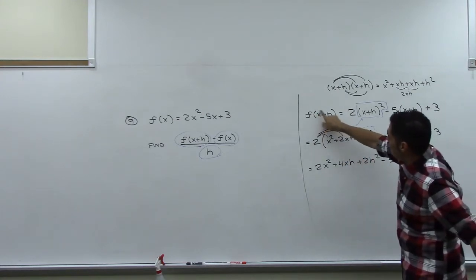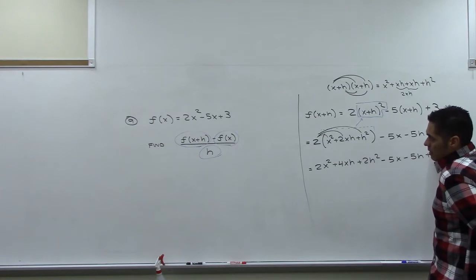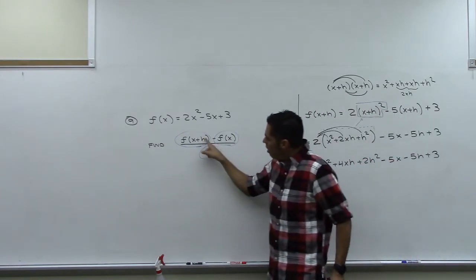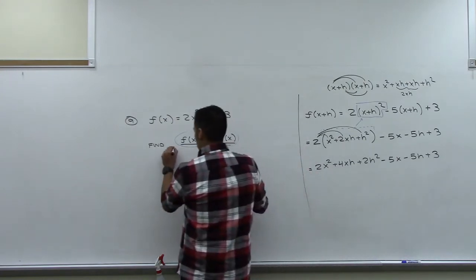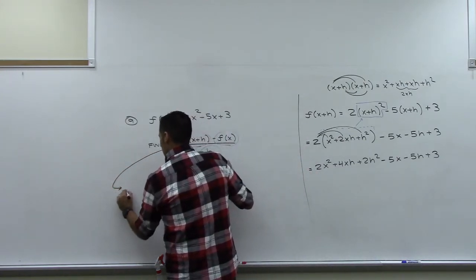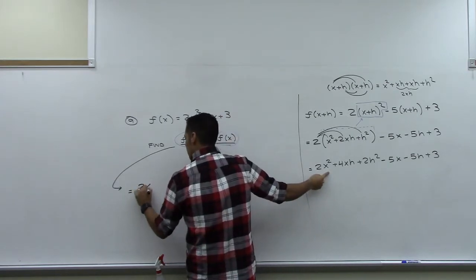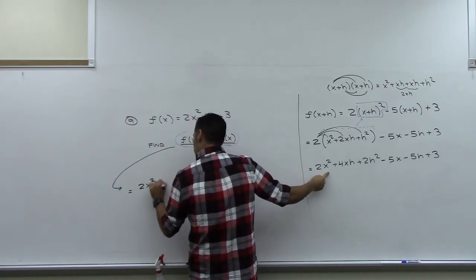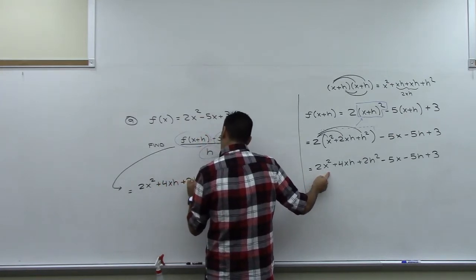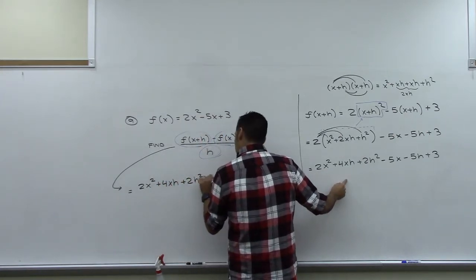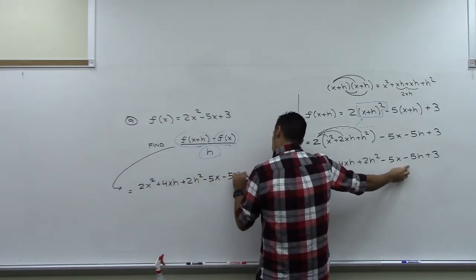This little guy right here that looks so innocent turns out to be this big, ugly, nasty thing. And that is just the top left corner of this expression. So I'm ready to write this down. This is equal to f of x plus h, which is this, 2x squared plus 4xh plus 2h squared minus 5x minus 5h plus 3.